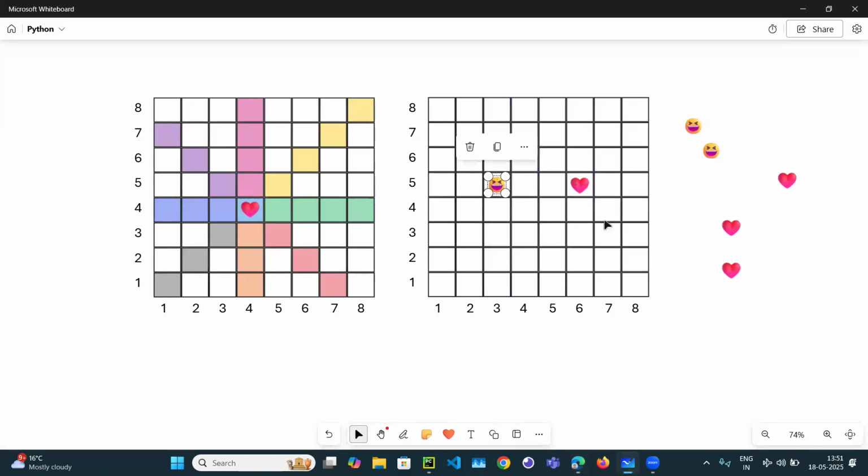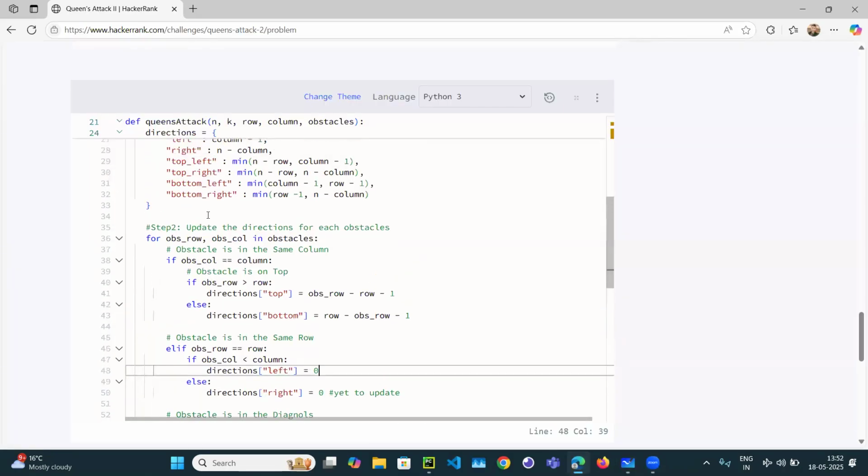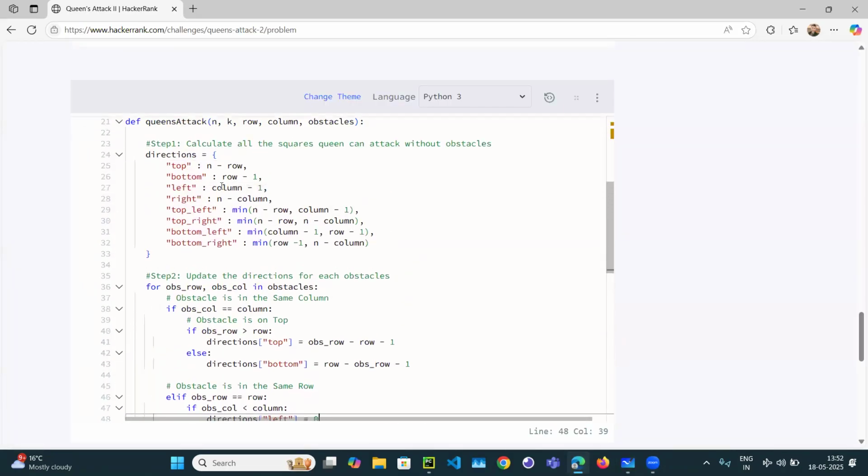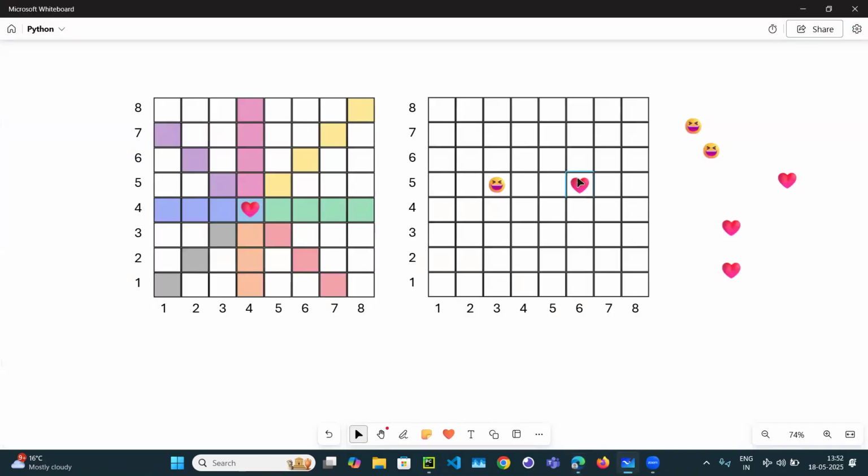So let's say left. Earlier, without this, 1, 2, 3, 4, 5. It's 5, right? But now it should be 2. For the left, the solution was column minus 1. But it should be 6 minus 3 minus 2.